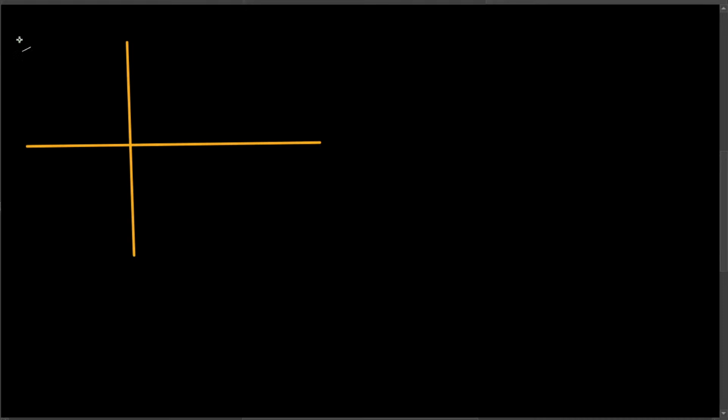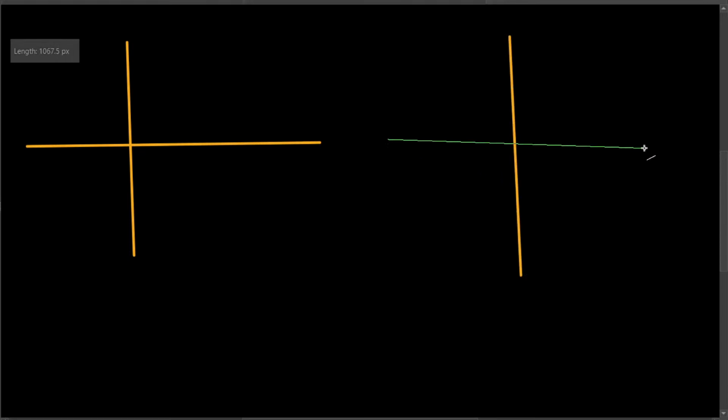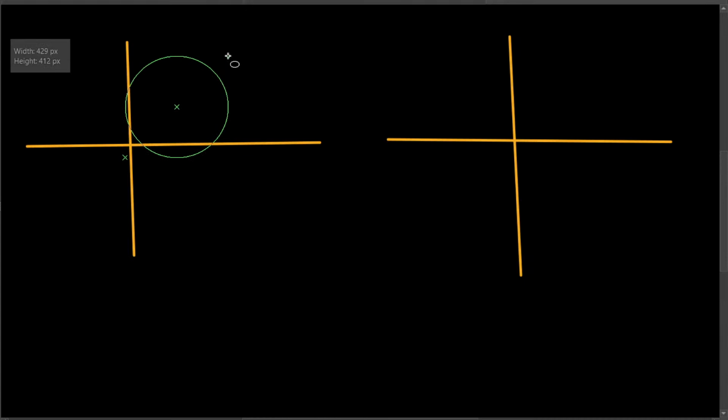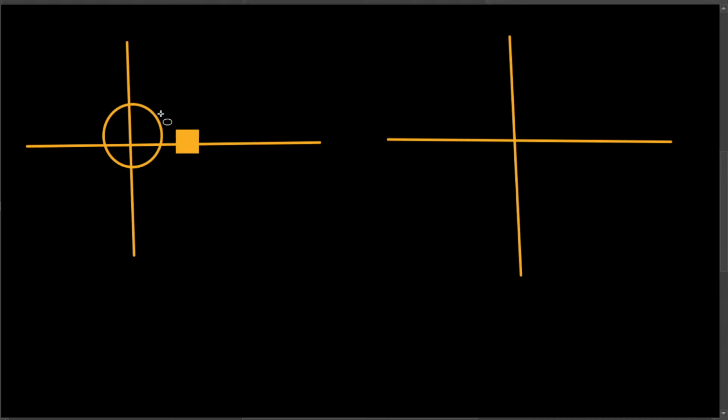So for the first graph, I'm going to first put the x-axis and y-axis. So the first graph, let's say we have a circle. Let's use a different color actually.